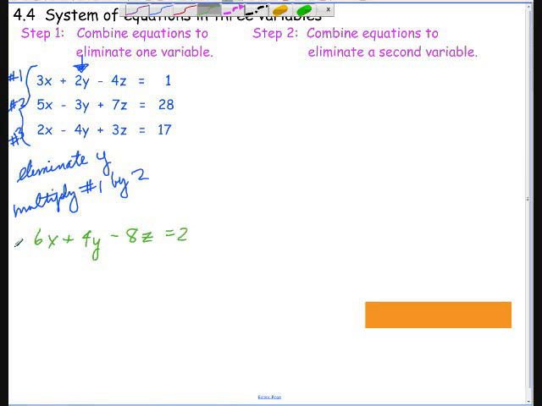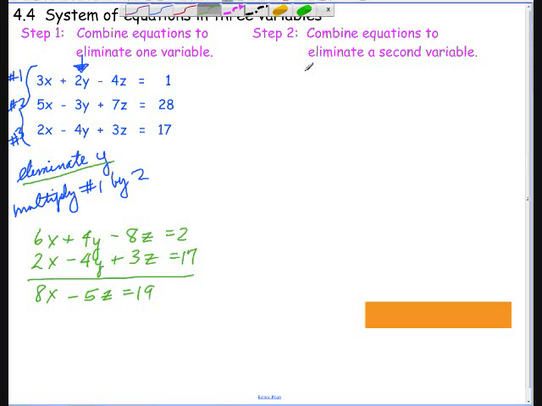I'm going to take the third equation and just write it as it is. 2x minus 4y plus 3z equals 17. So this setup was not that bad. I'm going to add these together, 8x. And this zeros, just as I wanted. I was trying to eliminate y. Add these together, I have minus 5z equal to 19.